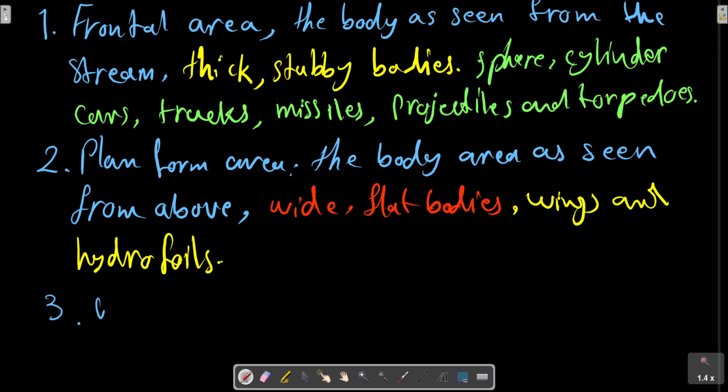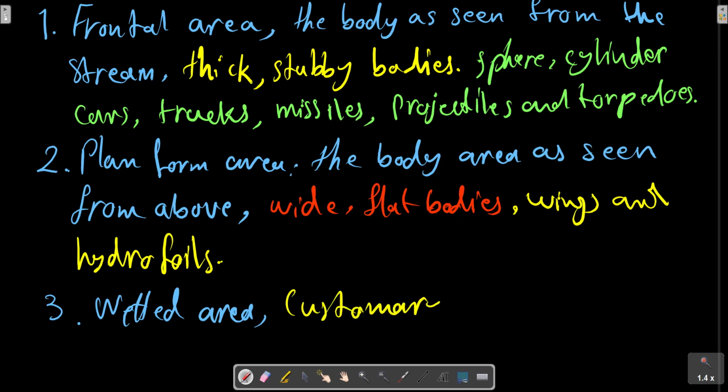And type 3, wetted area, customary for surface ships and barges.